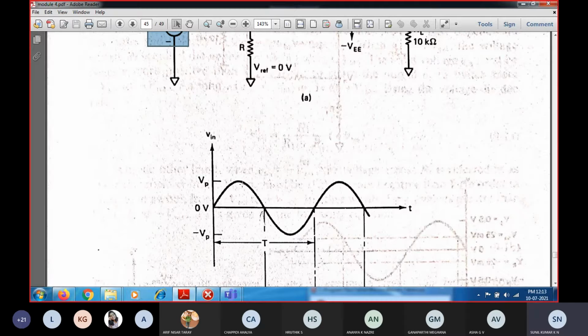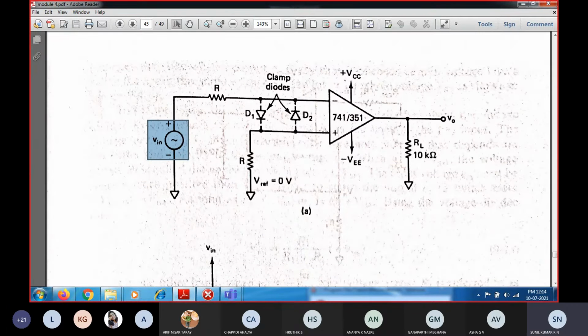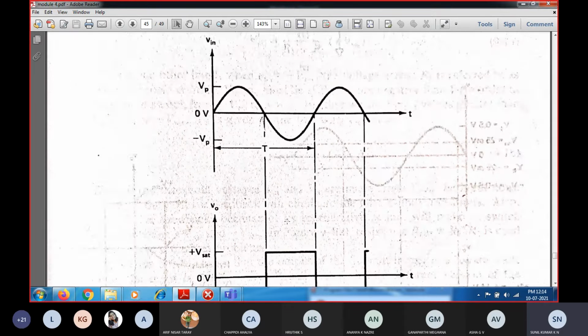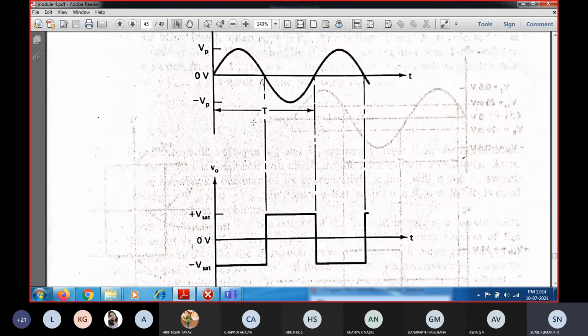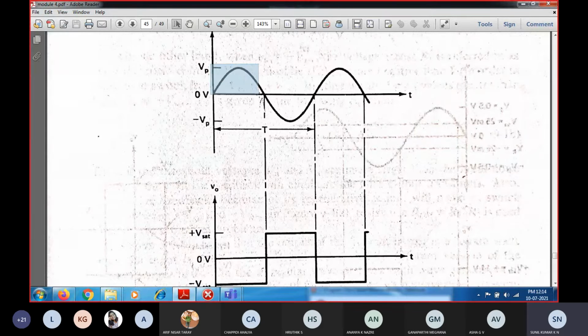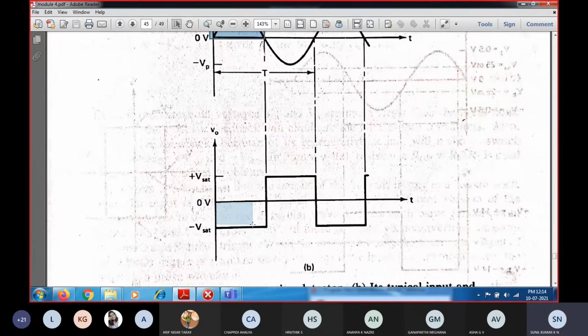During the positive half cycle, whenever the input exceeds 0 at the inverting terminal, it causes the output to switch to the negative saturation. You can see in this, whenever the input is greater than 0 volts, since it is applied to the inverting terminal, the output gets saturated in negative saturation.